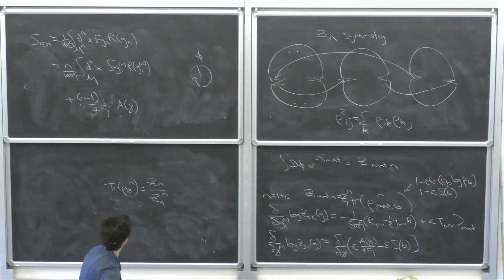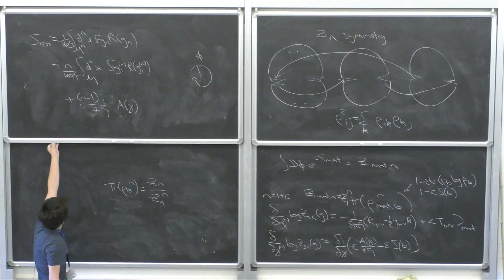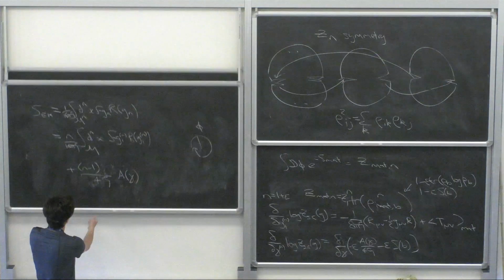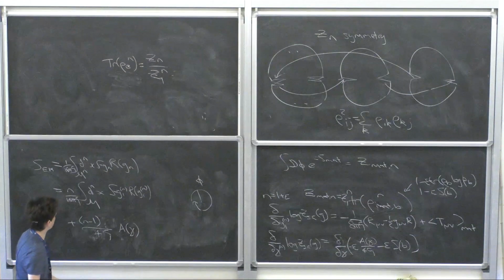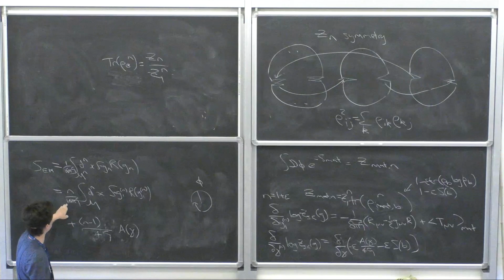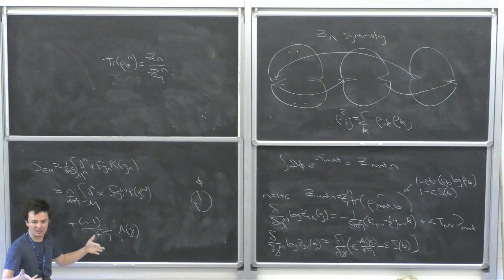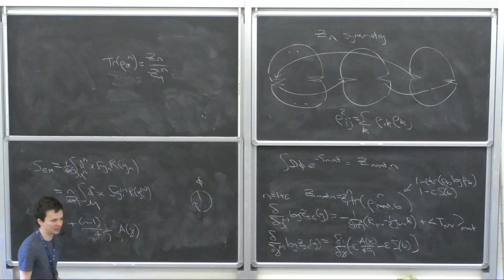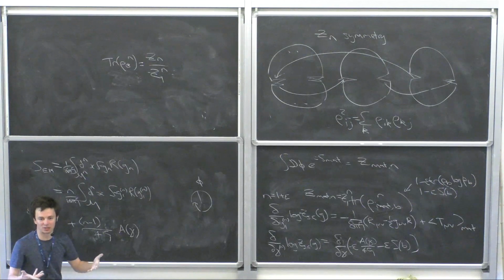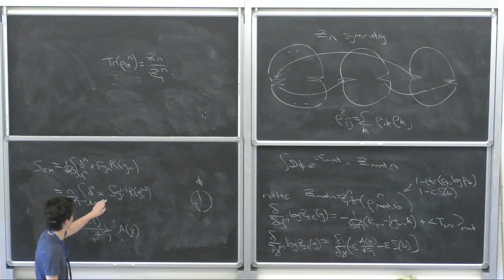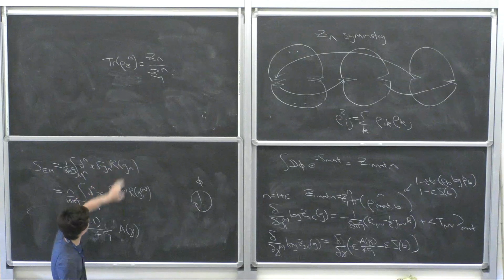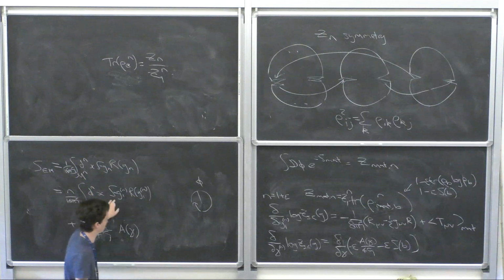Okay? And again, we'll notice a trick here, which is all the terms in log Zn that scale linearly with n will just get cancelled by the denominator of Z1 to the power n. So this term exactly cancels out with the analogous term in Z1 to the n.